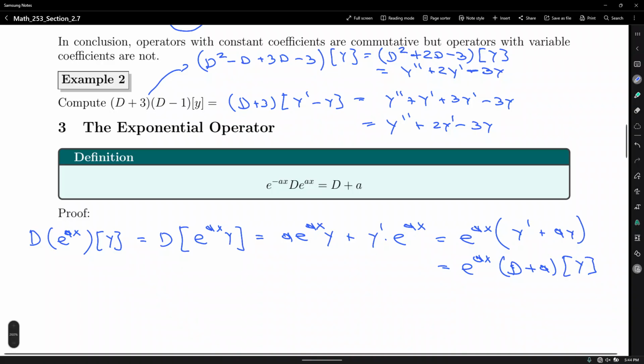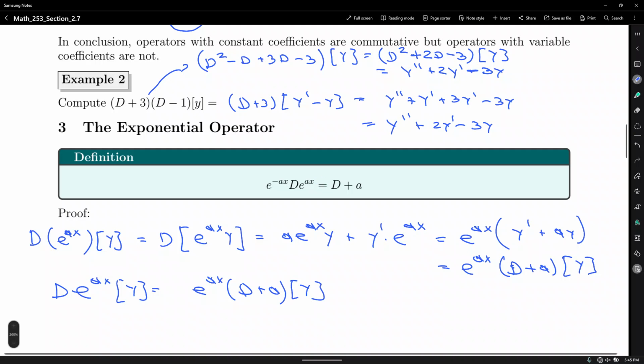So d e to the ax acting on y equals that result. E to the, and please leave some space after the equal sign, acting on y.